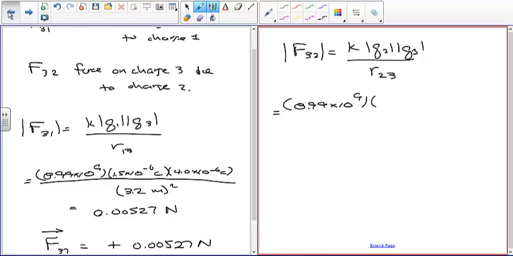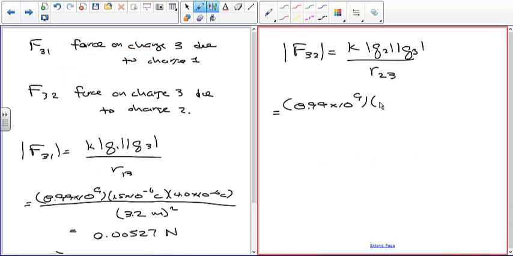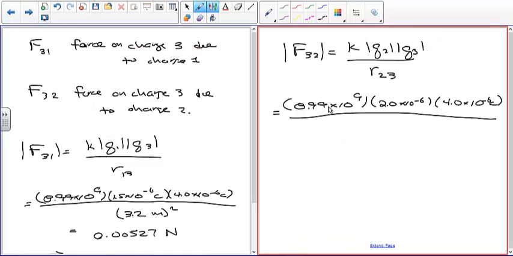Q2 is given as negative 2, but we're going to use the positive part, so it's 2 times 10 to the minus 6 coulombs. Q3 was 4 times 10 to the minus 6 coulombs. And the distance between the two is 2 meters, and we square that. And we plug that into our equation.